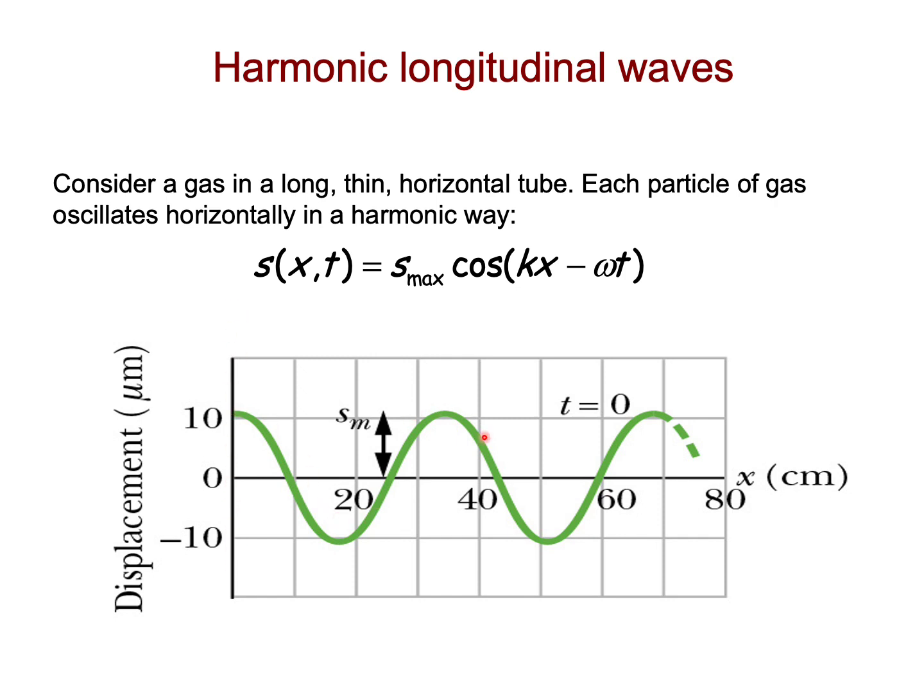So even though this wave looks like a transverse wave, bear in mind that what this means is that a particle of air that belongs at point 0 is actually displaced forward by 10 micrometers at this location, and another point of air right here is 10 micrometers back from where it should be.